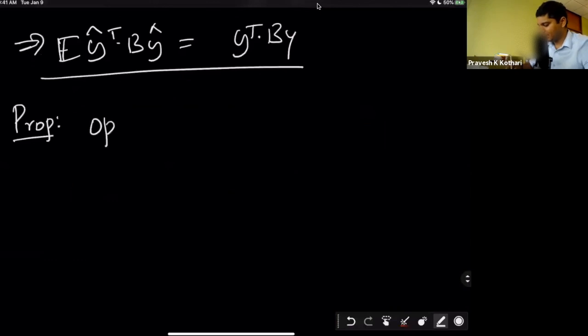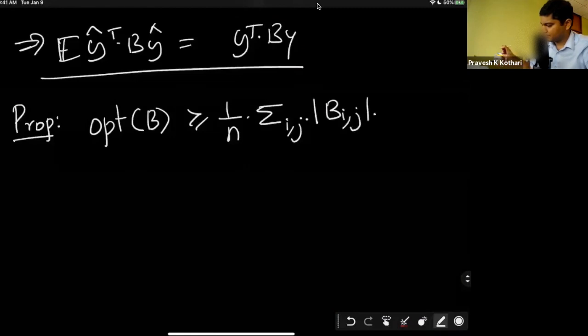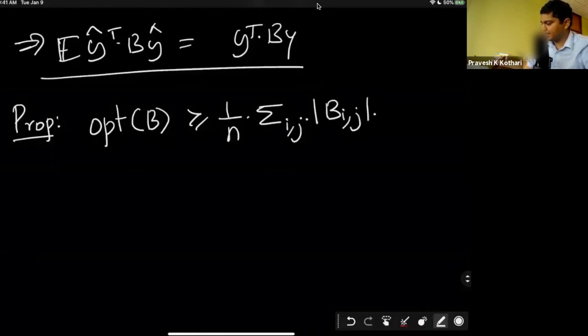I can give a non-trivial lower bound on opt of B for arbitrary B. I want to say that opt of B is always at least 1 over n times the sum of all absolute values of the entries of B. So in particular, if the matrix is not all zeros, then this is a better lower bound than 0. I'm going to need it in a second.